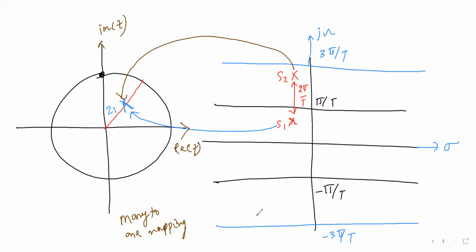To avoid this aliasing effect, we have to restrict the poles. See, this is very important. To avoid this aliasing effect, we have to restrict the poles to the region of minus pi by 2 to plus pi by 2 only.